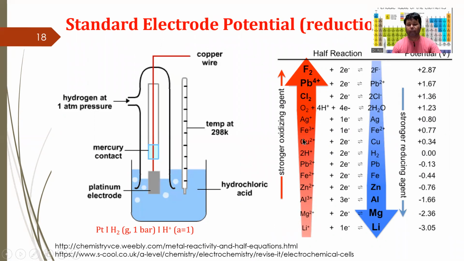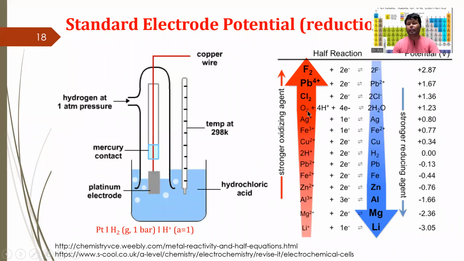If we make a cell out of the copper and hydrogen electrodes, this is one half cell and this is the other half cell, so the total cell potential would be 0.34.